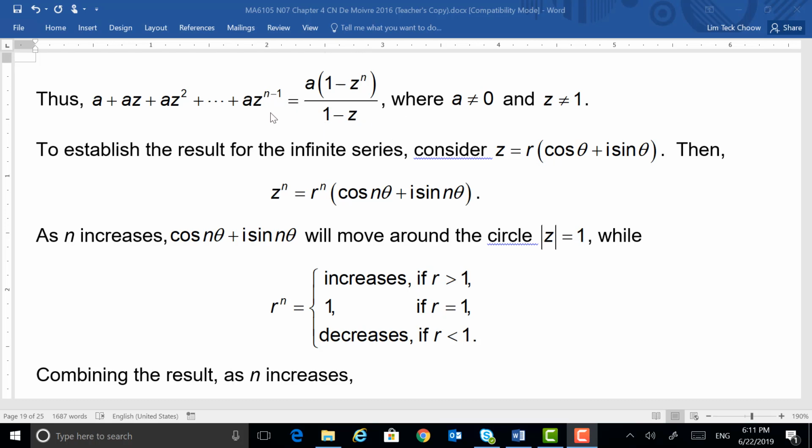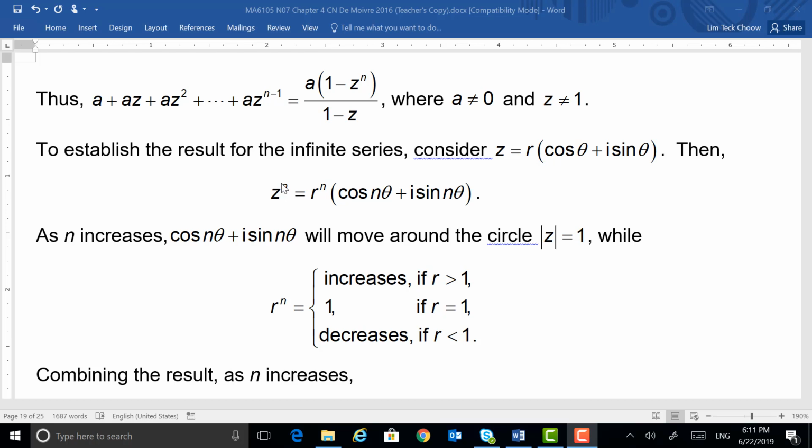So for the finite case with this formula, we want to now study what happens if we have an infinite series where these z's are complex numbers. To establish the result for the infinite series, we have to first and foremost digress and study what happens if we raise a generic complex number z to the power of n.